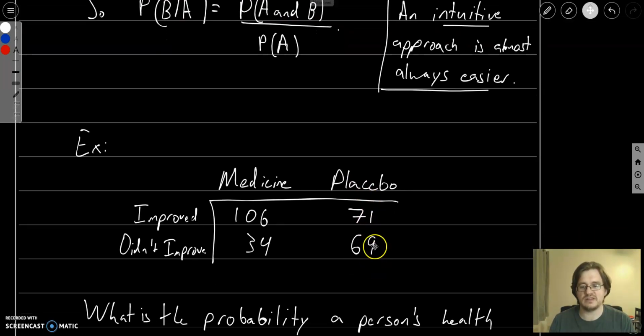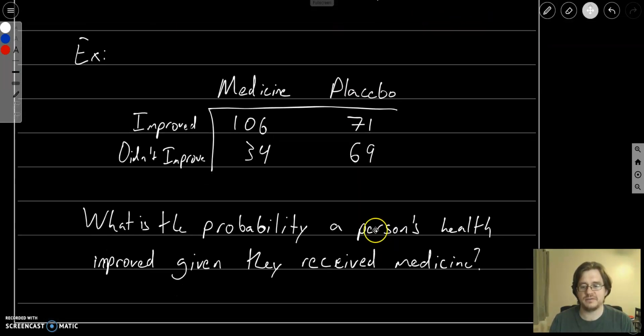So here's an example of just some numbers I've made up. We'll pretend that we've run a medical trial to test some new medicine to see if it works. We have a group of people that we gave the medicine, and a group of people that we gave the placebo to, and then we recorded if they improved or if they didn't improve.